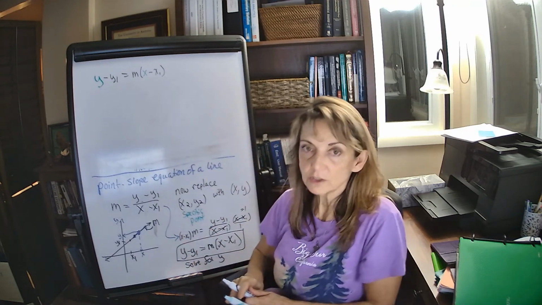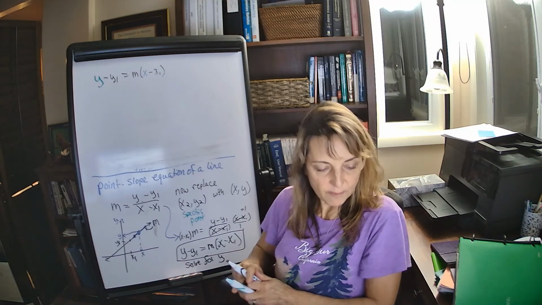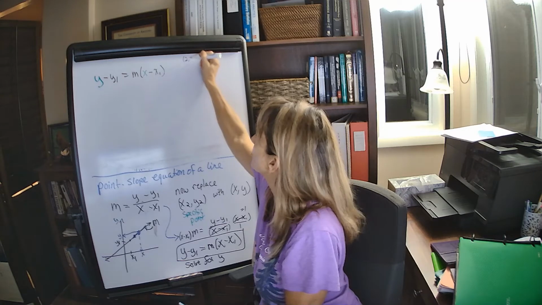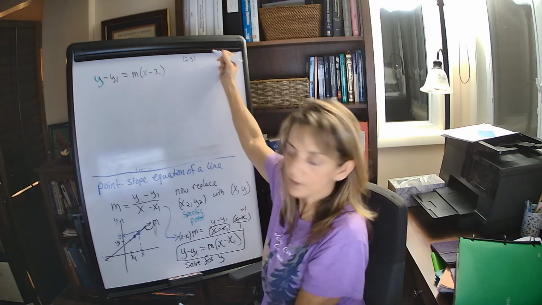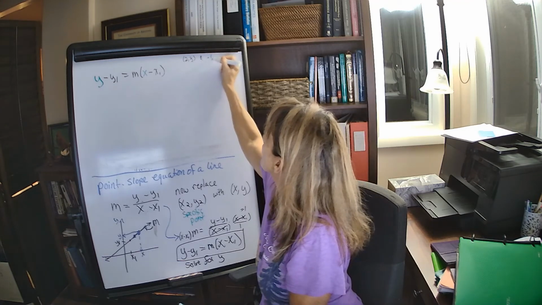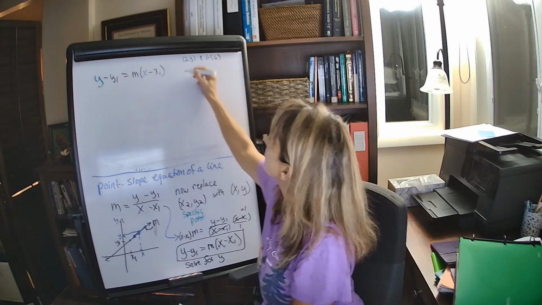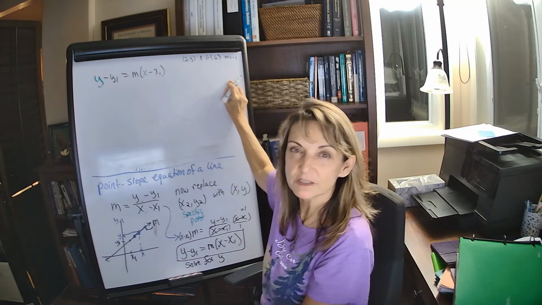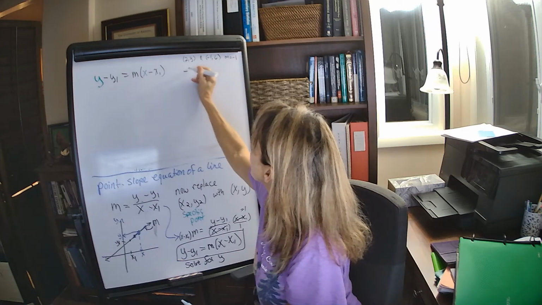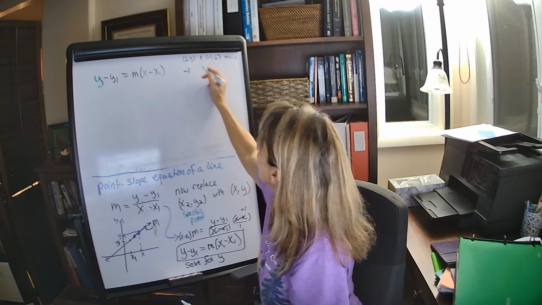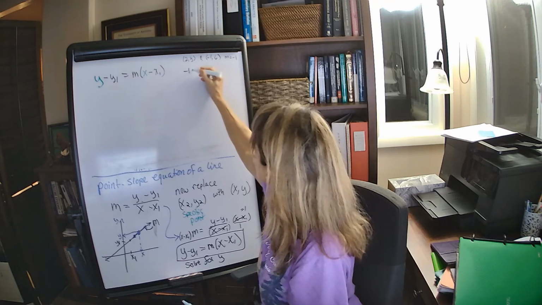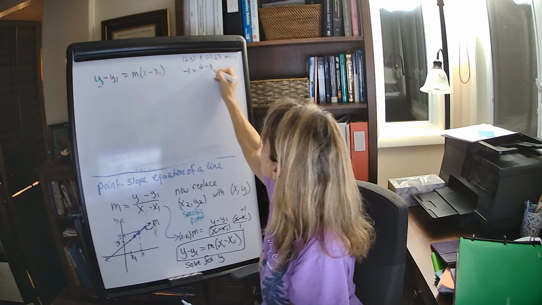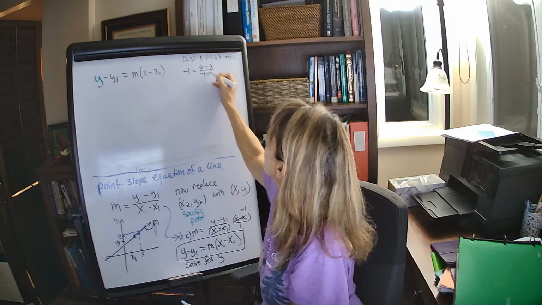Now, I want to, in parallel, remember that previous example, where we had the point 2, 3, and the point negative 1, 6, and we found out that the slope was negative 1. We just got done doing that example. So if I say negative 1 equals, the way we did it was 6 minus 3 over negative 1 minus 2.